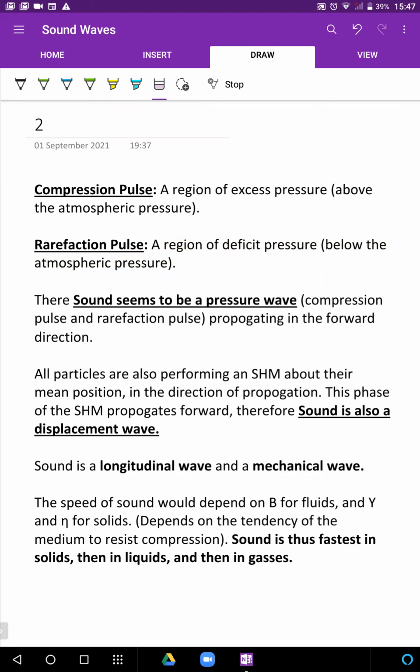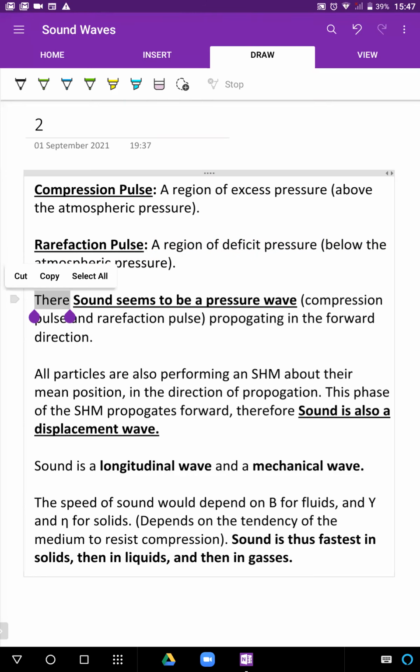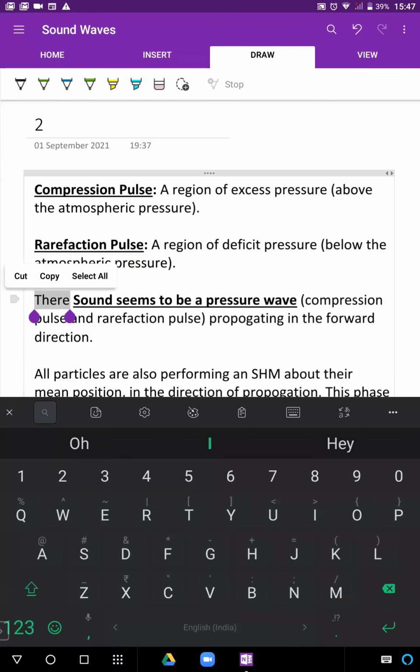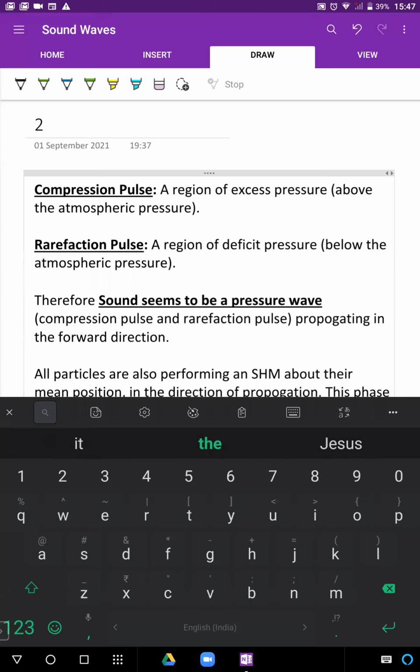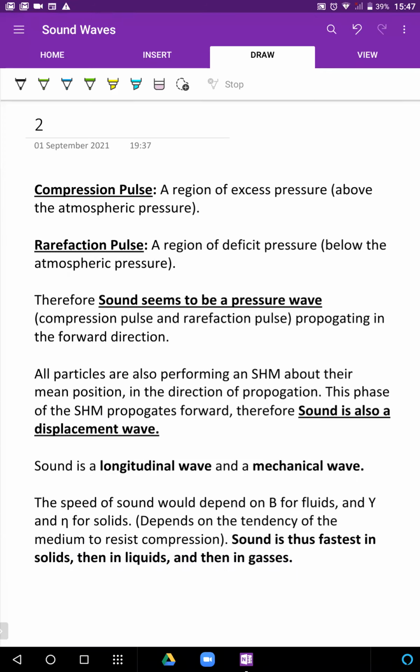Okay, why is there a "there" here? There's no need for it. So rather I'll say: therefore sound seems to be a pressure wave. What do I mean by saying that it's a pressure wave? You have consecutive compression pulses and rarefaction pulses. Right? That's what's making up this pressure wave.